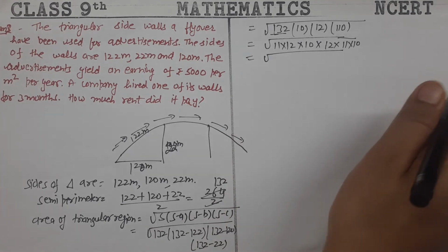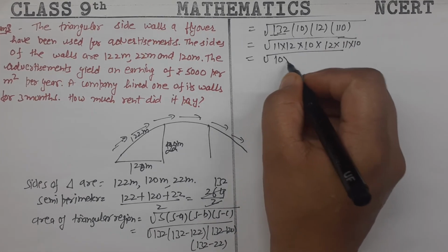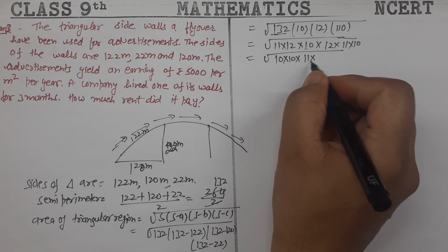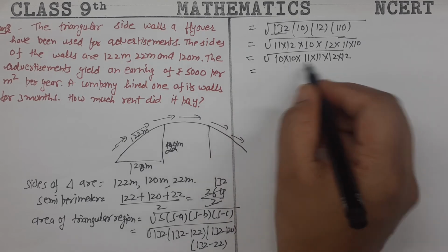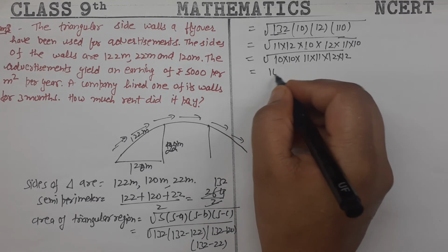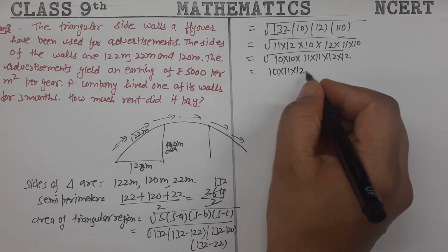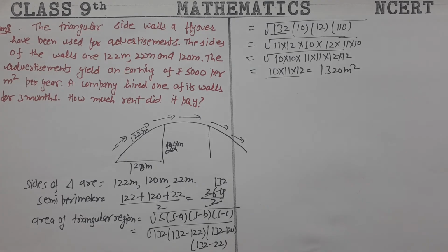Find the largest possible factors. Now combine: 10 two times, 11 two times, 12 two times. Take out from the square root, we have 10 into 11 into 12. After multiplication, we have 1320 meter square area of the wall.